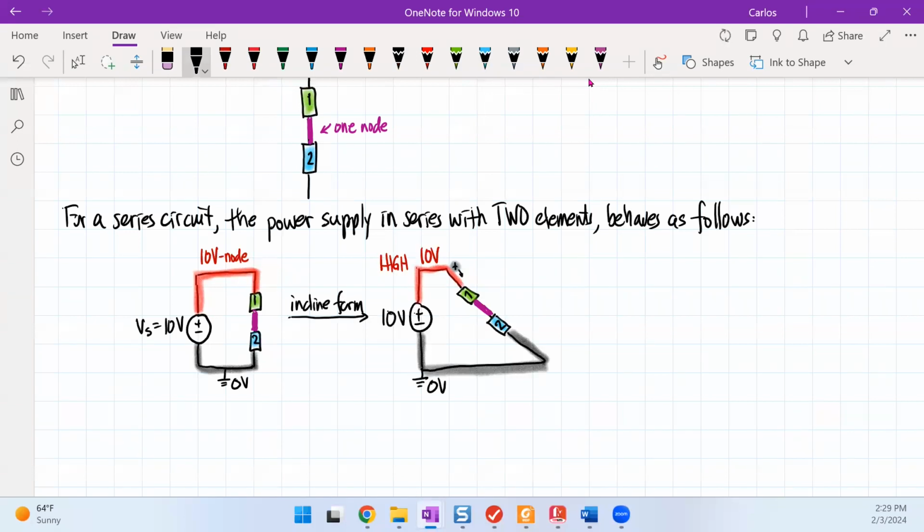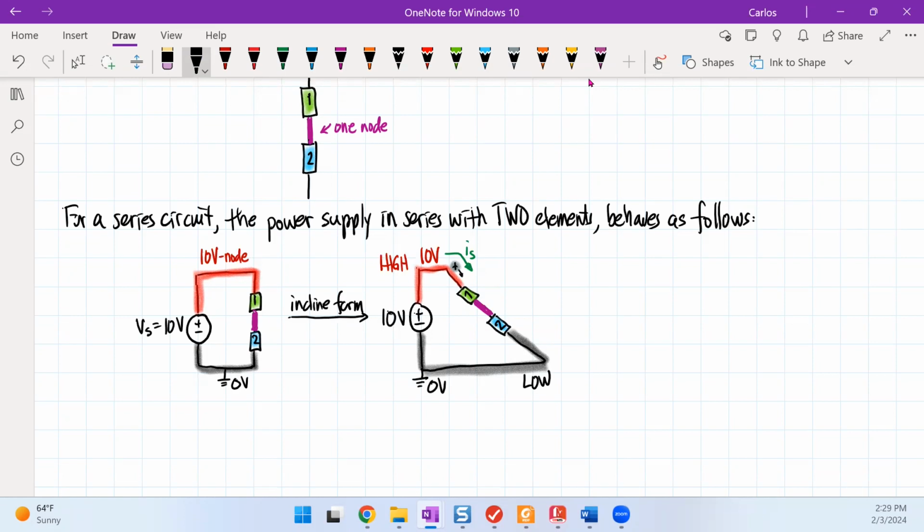Any charge that's pushed up by the source, we are seeing charge moving down the incline. So here is my source voltage. And one of the things that I neglected to mention here is that that is the low potential.